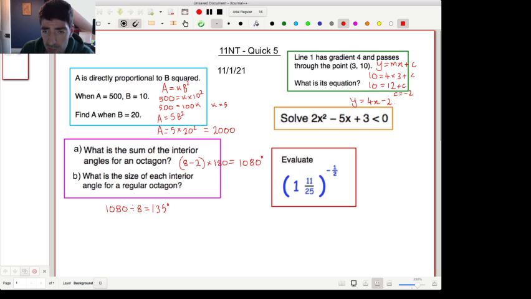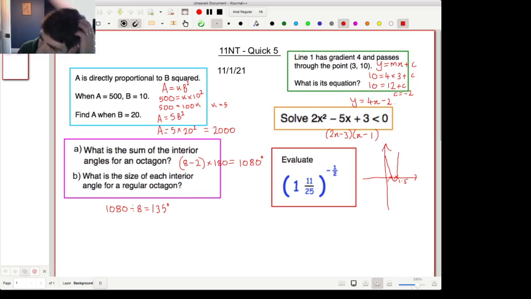So if you were to consider 2x squared minus 5x plus 3 equals 0, you could factorise it to 2x and x, and then it would be (x minus 1)(2x minus 3), which means that if you were to sketch our parabola, it's a positive x squared, so it's going to be a U shape, and it's going to cross the x-axis at 1 and at 3 over 2, or 1.5. So 1, 1.5, and then there's our parabola.